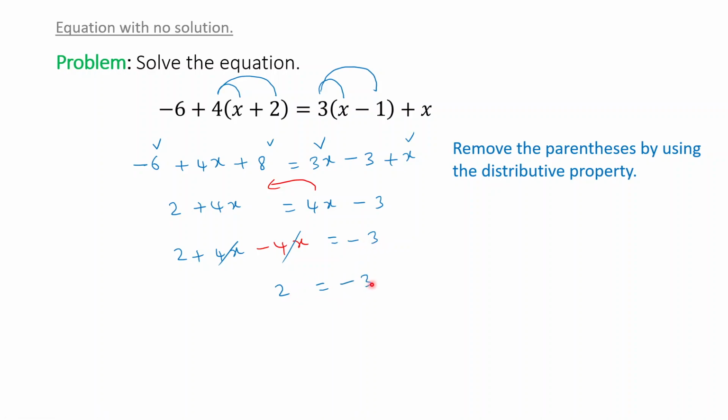You see here, there is no variable. There is a number here, another number here. 2 is equal to negative 3. This is not true.